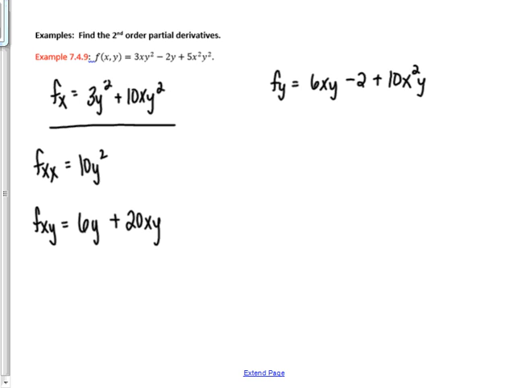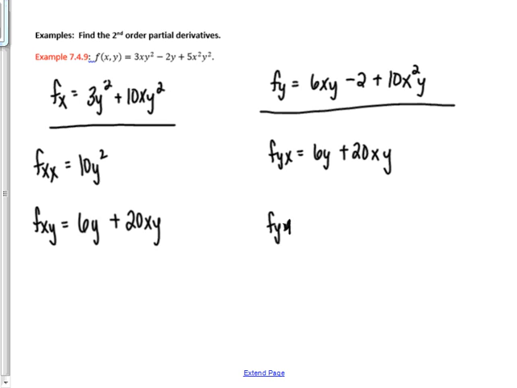Okay. Alright, so same thing over here. You're going to take that one and take it first with respect to x. So if I took it with respect to x, I get 6y, that derivative of minus 2 goes away, and I get plus 20xy.